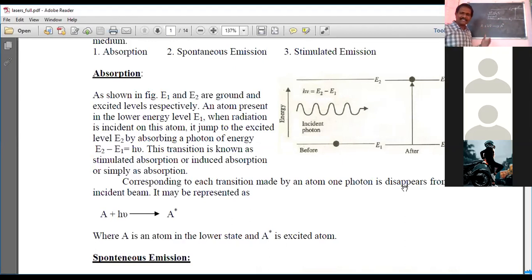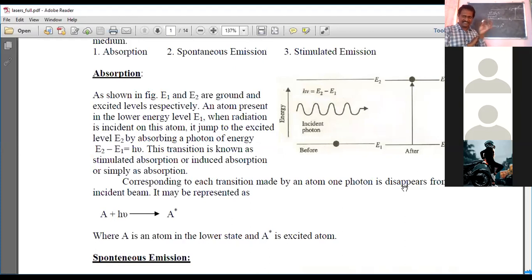Now, what exactly does this mean? We must carefully understand where these atoms are. For example, I want to have a laser. In order to have a laser, it must be produced from a material. Let us say a small material, a small rod, like a small chalk piece. It is made up of some material. The first laser was actually made up of a ruby rod.